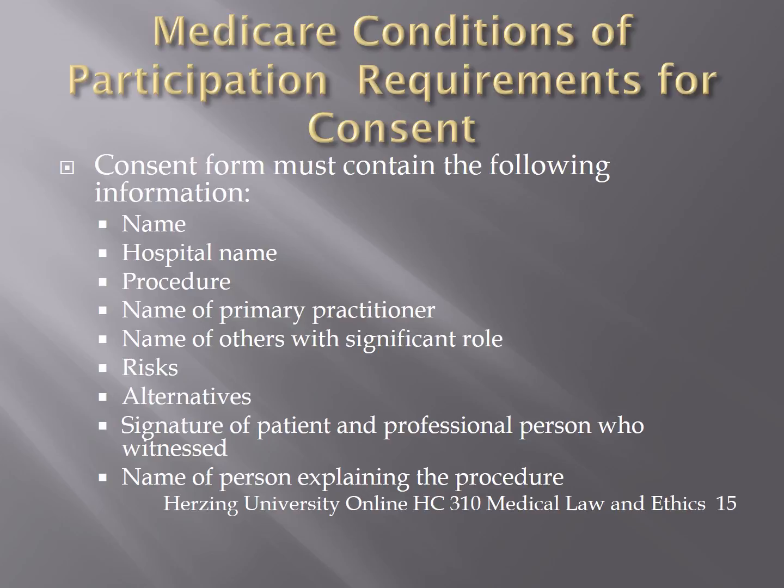The consent form must contain the following information under the Medicare conditions of participation for a covered entity: the name of the individual, the hospital name in full, a detailed description of the procedure, the name of the primary care practitioner who will be performing the procedure, the name of any others with a significant role, the risks and benefits of the procedure, alternatives to the procedure, the signature of the patient and the professional person who witnessed the signature, and the name of the person explaining the procedure to the patient.